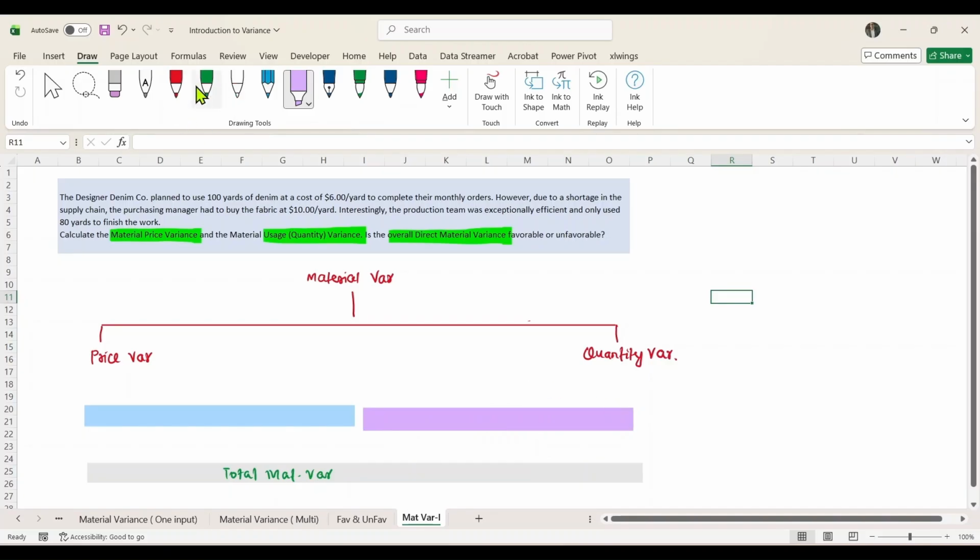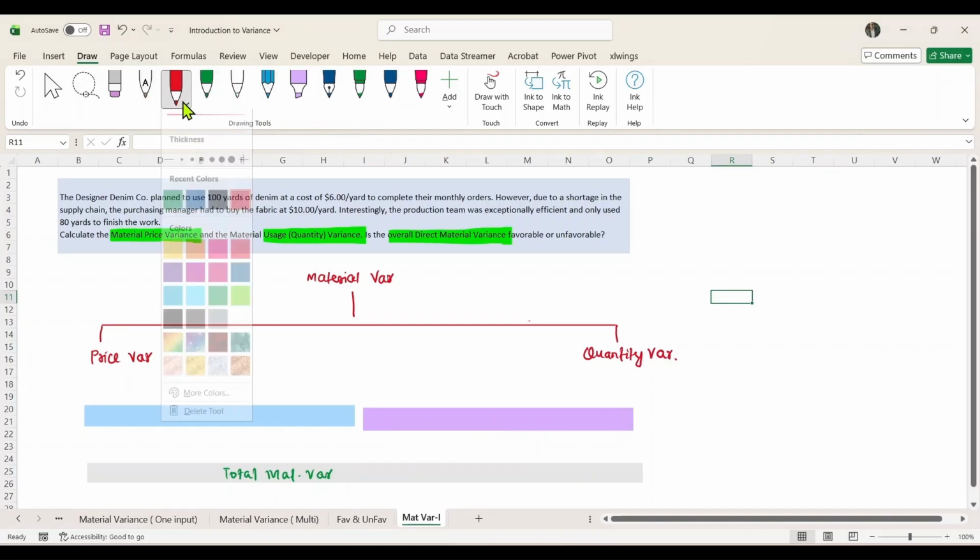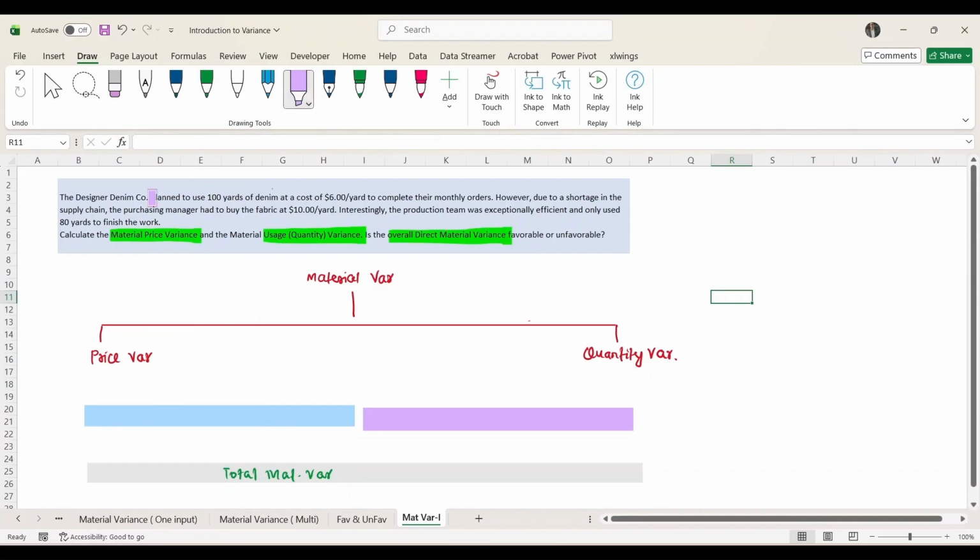Okay, so now let's go to the question and extract the essential information. The company planned to use, and here plan to use means this 100 yards at a cost of $6 per yard. This is our standard.